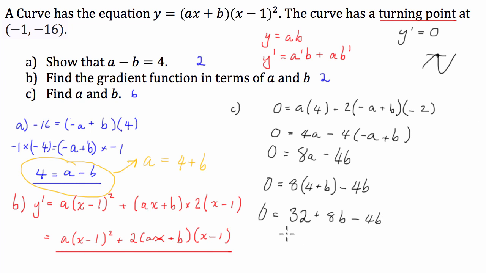So we're left with 0 equals 32 plus 4b. From here, we move the 32 over the other side and divide both sides by 4.